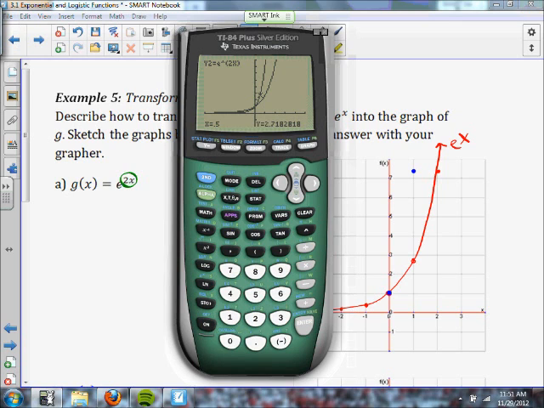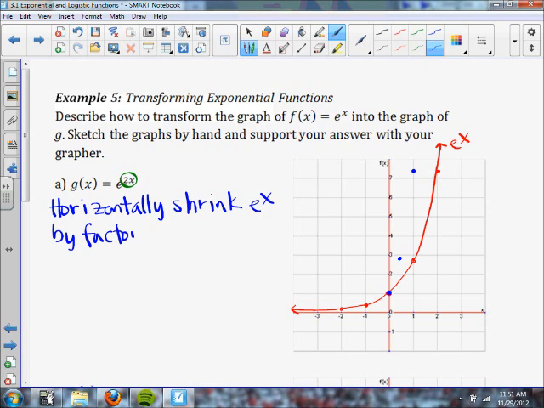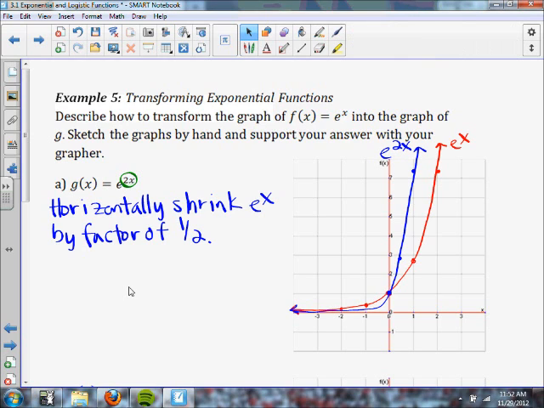So everything got horizontally shrunk by a factor of 1/2. So this will be a horizontal shrink. So what's going to happen? We're going to come here. And here's e to the 2x.